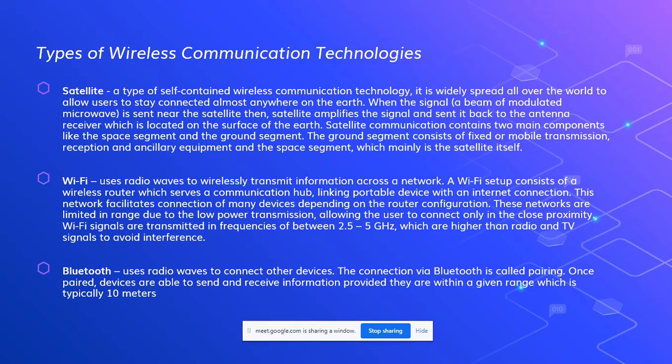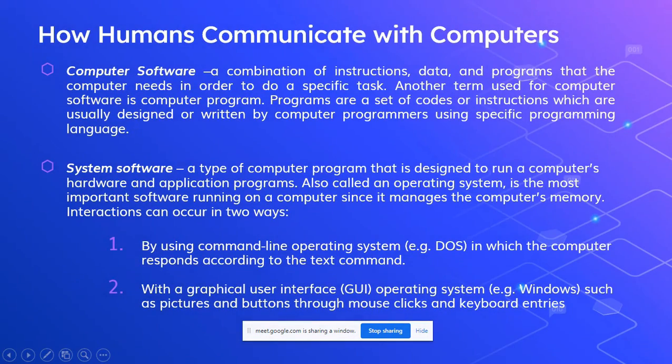So, limited range lang, 10 meters lang maximum, or minsan nga hindi naman talaga 10 meters, minsan nga sobra pa. But very limited lang yung range niya. So, yeah. Applications of wireless technology. So, how do humans communicate with computers?